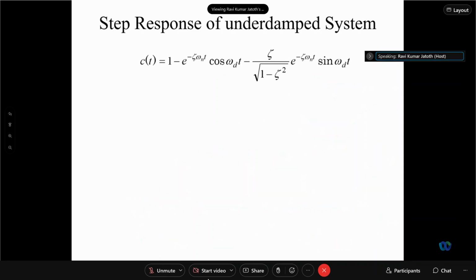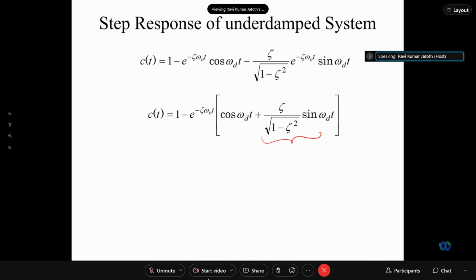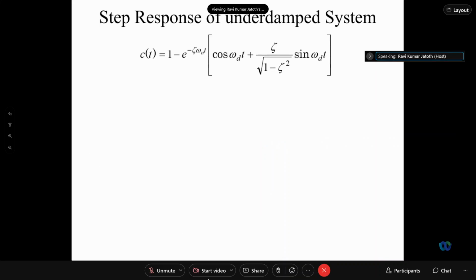When we simplify, e power minus zeta omega n t is common, and cos omega d t. Now if you bring this term here under root 1 minus zeta square, we get e power minus zeta omega n t by under root 1 minus zeta square, into cos omega d t plus zeta sin omega d t.